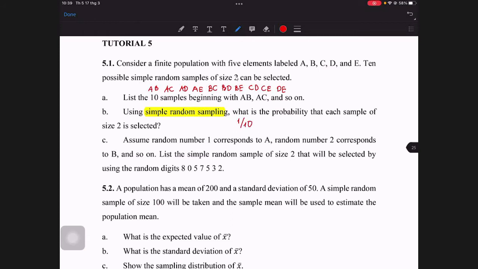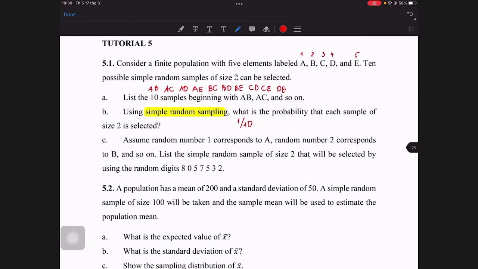Now, assume random number 1 corresponds to A, 2 for B, etc. So I just write out here 1, 2, 3, 4, and 5. This is the standard way of choosing a sample out of the population using the simple random sampling approach. First, we have the list of the elements in our population.